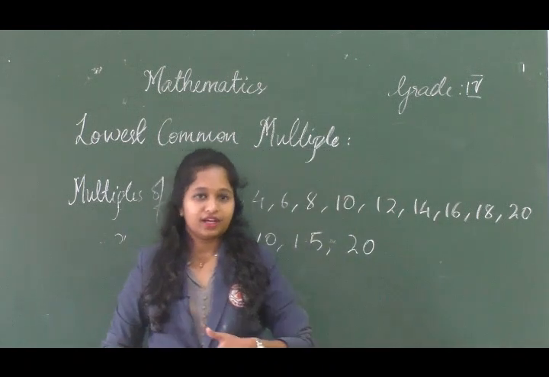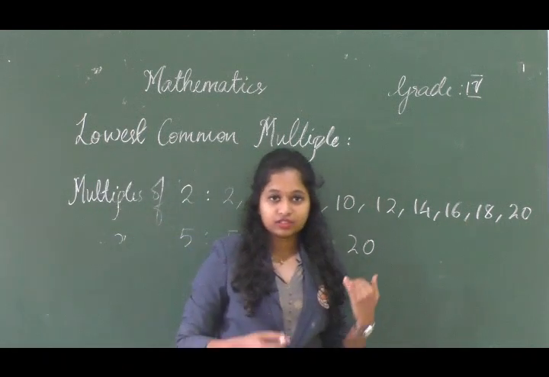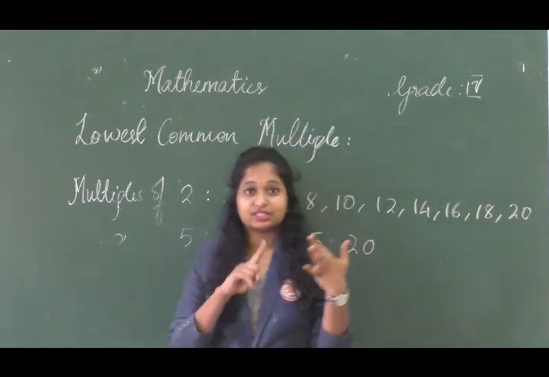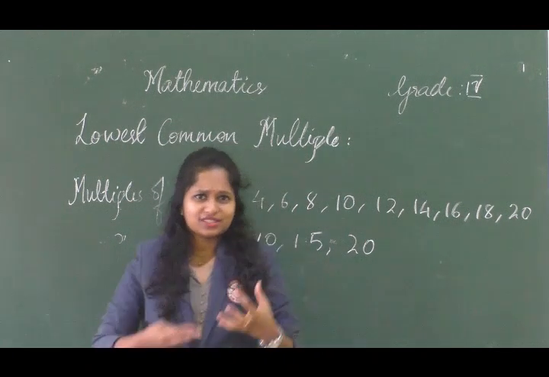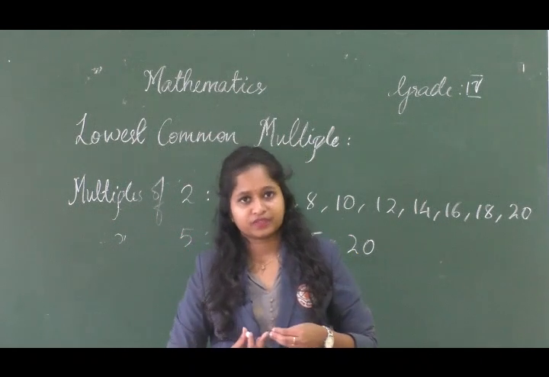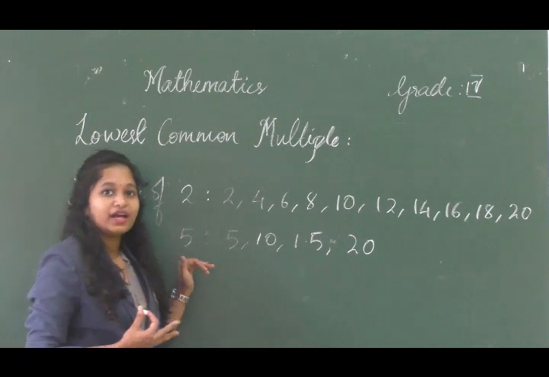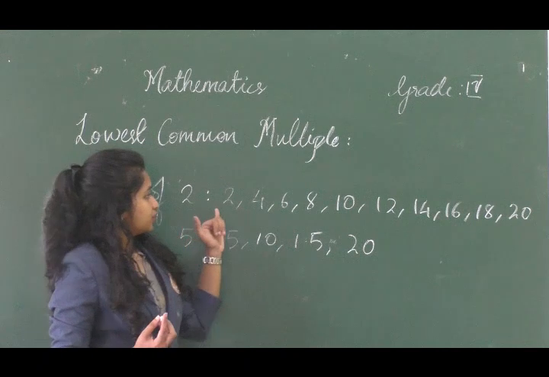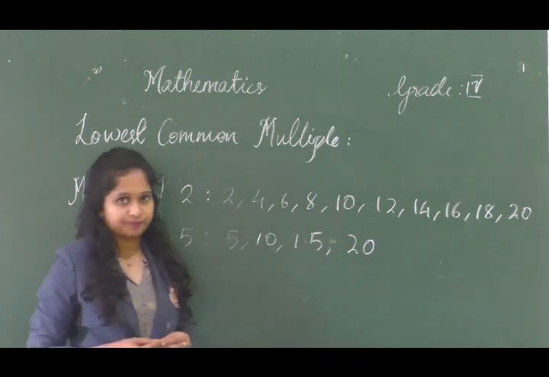And the other alarm where we kept the snooze time for 5 minutes. First it will ring at 6 o'clock, then at 6:05, then at 6:10, then 6:15, etc. So what is this? These are multiples of that snooze time, isn't it? So that is multiples of 2 and multiples of 5. Yes? So I have written the multiples of 2 and multiples of 5.